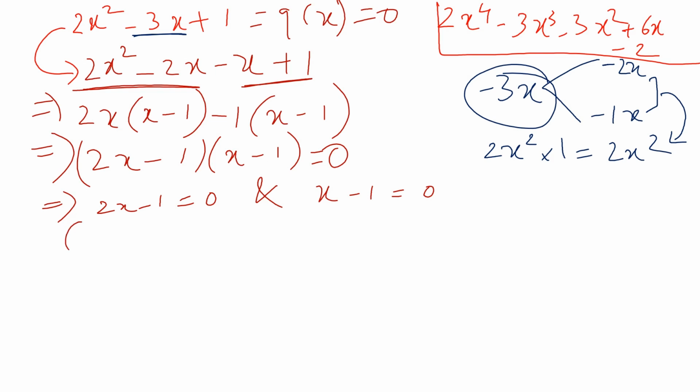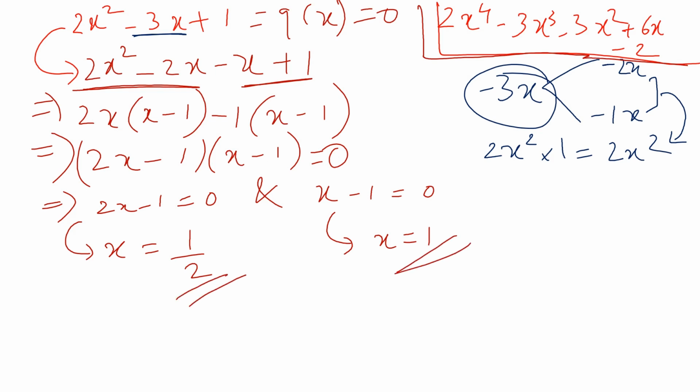And on simplification we get x is equal to 1 by 2, and from here we get x is equal to 1. Therefore the other two zeros of this polynomial are 1 by 2 and 1. I hope it is clear, and this is how we solved this using the division algorithm.